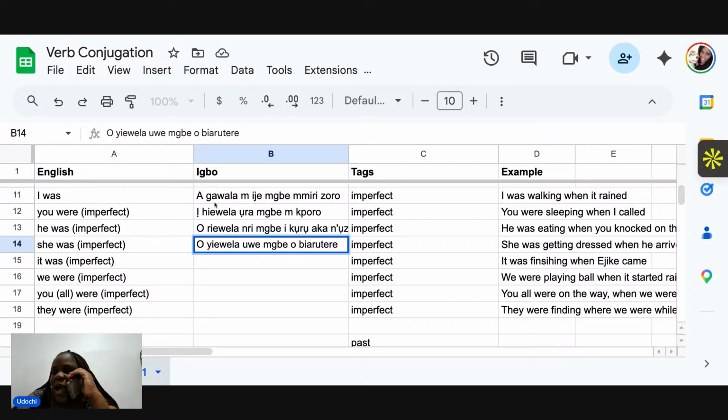But if you're saying I was walking when it rained, would you say agawalam ije mwemirizoro when it rained? Hmm.